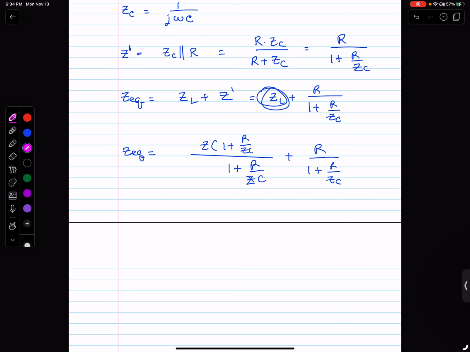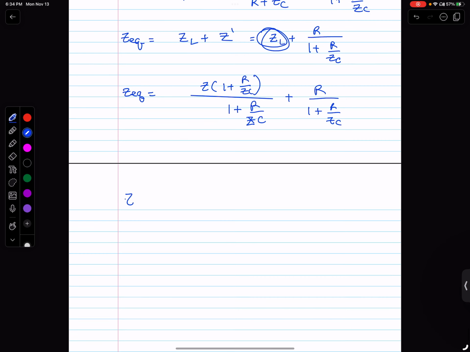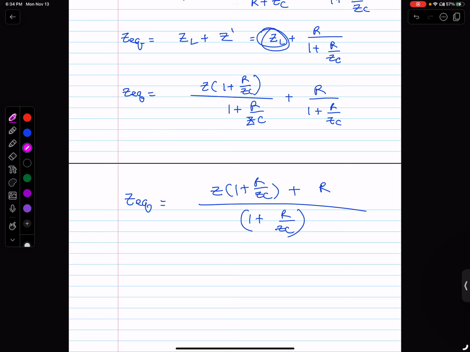Now what I can do is to factor out this guy in common. So Z equivalent equals 1 plus R by ZC, that's the common denominator, ZL into 1 plus R by ZC plus R. So this R is coming from here, and this guy is coming from here.